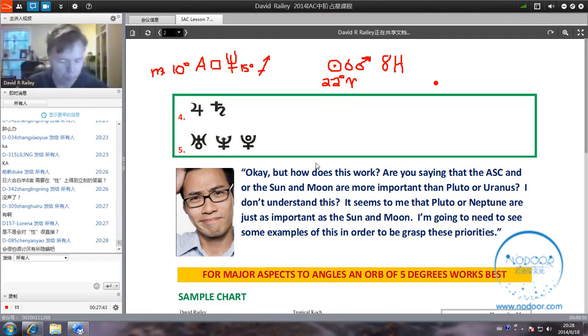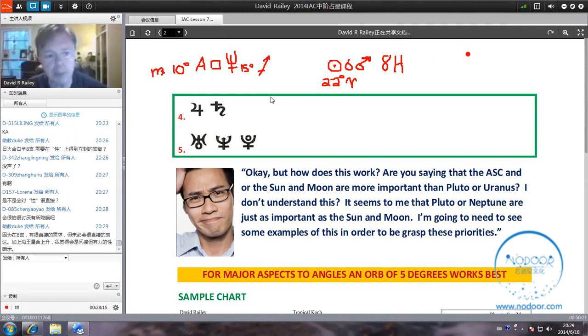Now, if she is a woman with Venus in Aries, also in the 8th house, she will like his behavior. But if she has Venus in Cancer, or Venus in Capricorn, or Venus in Libra, she's not going to like this behavior at all.